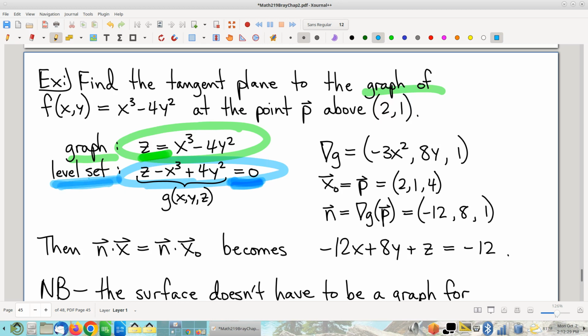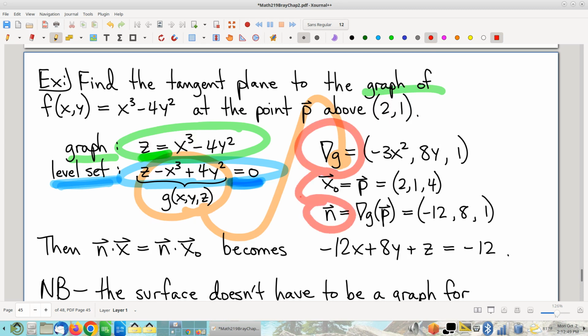I just take the right-hand side and subtract it over the left-hand side, and presto, I have a level set of now a new function, and this new function is the function whose gradient is my normal vector. And again, there's some arithmetic to be dealt with there, but that's the exact same idea as in the previous page.